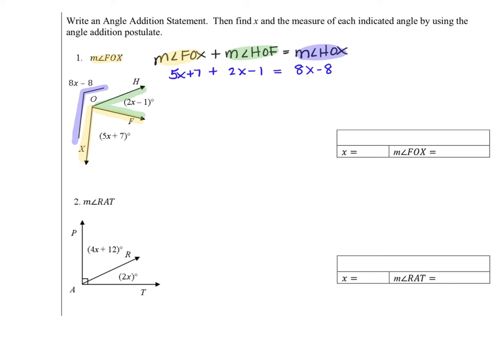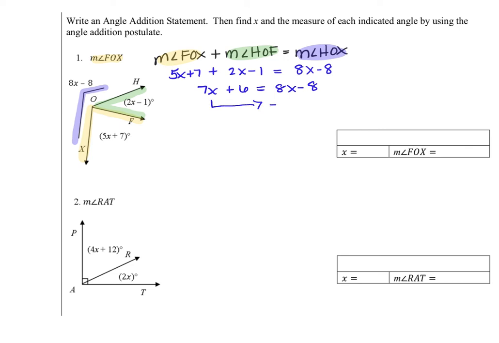So now all we have to do is solve this equation. So let's combine our like terms. So 5x and 2x, that's going to give me 7x, and then 7 and negative 1, that's going to give me 6. So 7x plus 6 is equal to 8x minus 8. Then we want to get all your x's on one side.